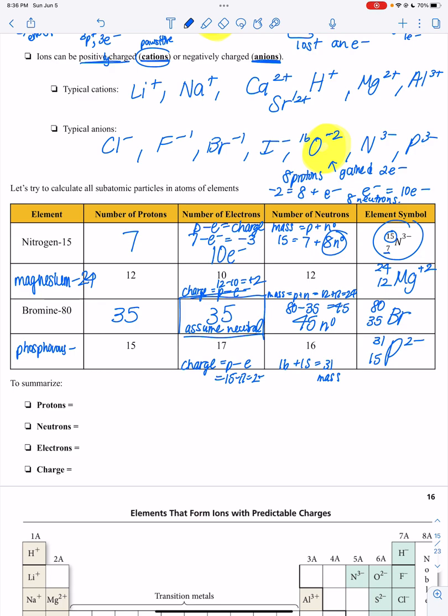So, to summarize, protons are equal to the atomic number. We know that already on the periodic table. The number of neutrons is mass number minus number of protons. The number of electrons is going to be charge minus protons.